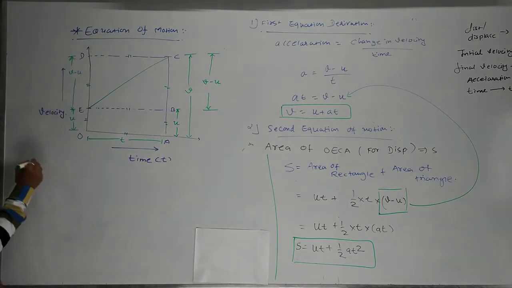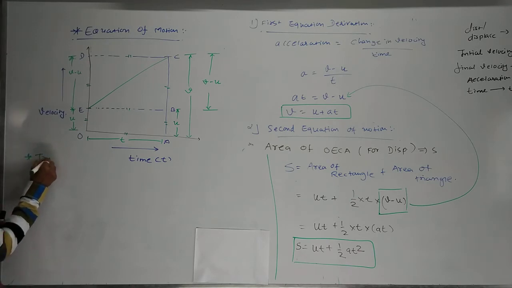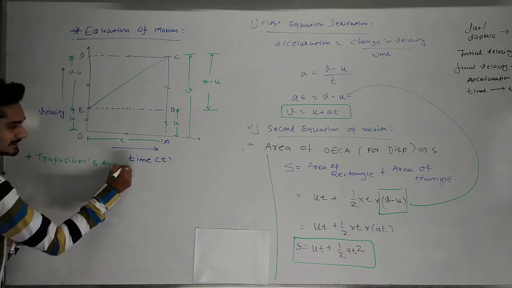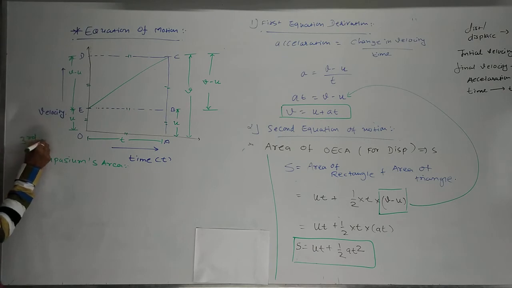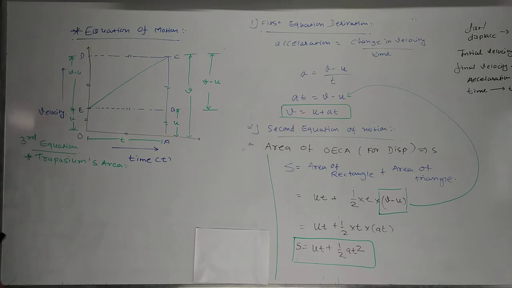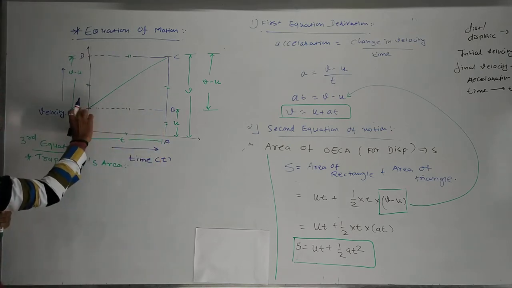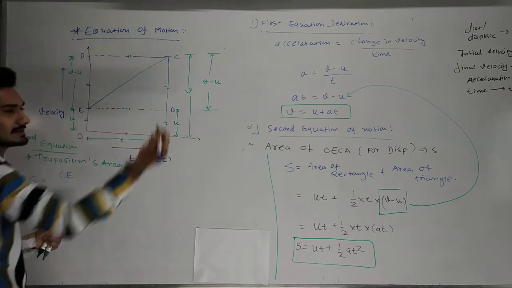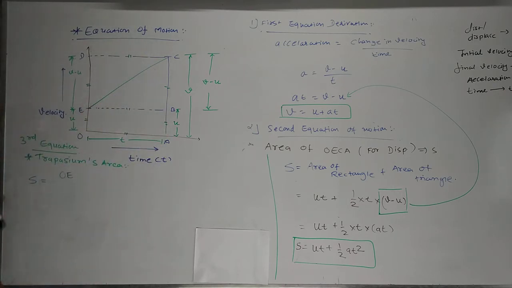So how can I measure this trapezium's area for the third equation? The trapezium's area can be measured by using the equation. Here you can see the equation: the trapezium's area will also be called the displacement, because it covers the whole area, and displacement is signified by the symbol S. So how can I measure this?